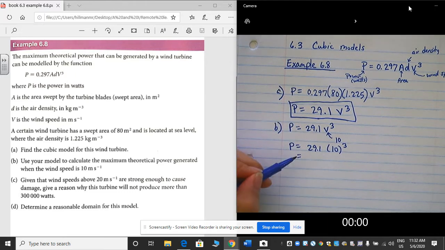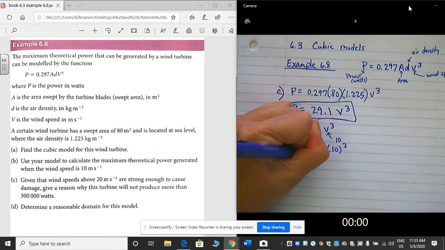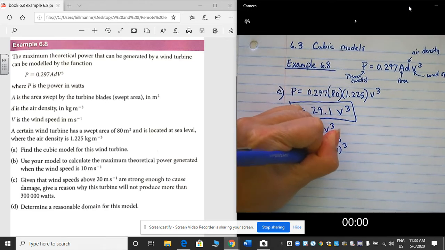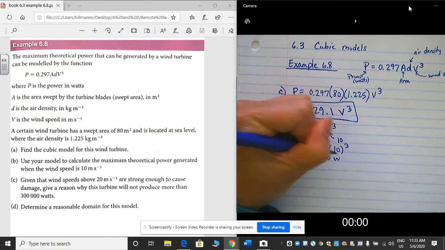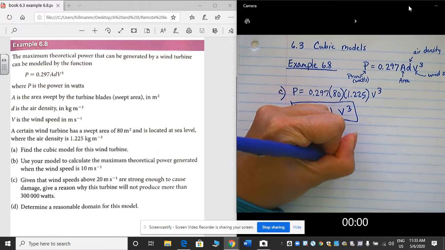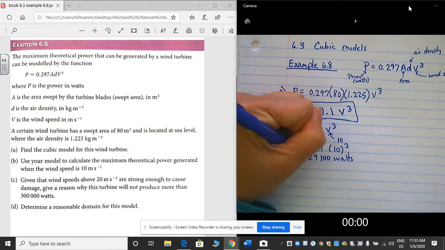Punch it in your calculator as well and see what answer you get. I'm getting 29,100, and that's watts because we're talking about power, P, not wind speed.